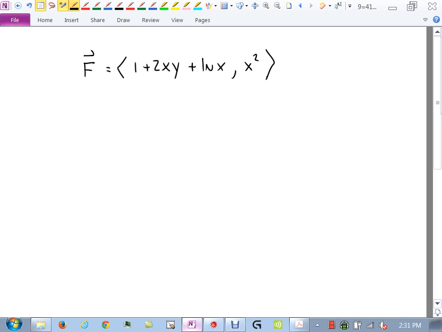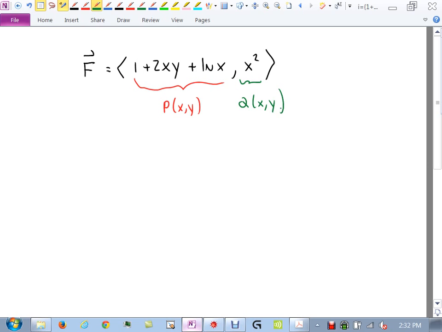According to the notes, this one right here we're going to call P of x,y. Oh, sorry, I skipped one. I'll come back to the one I skipped. Let's do this one. This is example 3. And then Q of x,y.